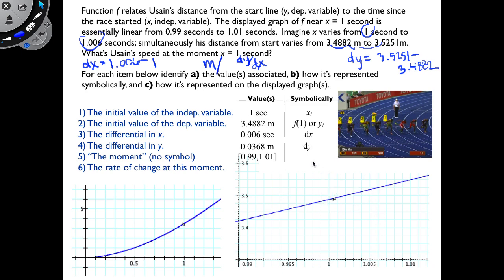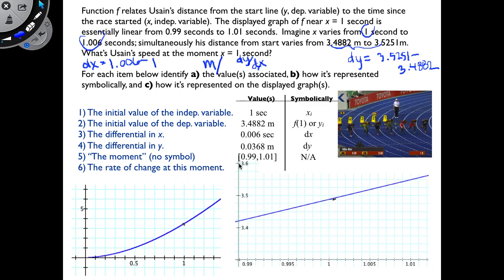So in any case, there's not a symbol for moments. And like I said, moment is just kind of a concept: look at a section, see what happens. If it looks like a straight line, that's a good moment to choose. If you're doing computations on the GC as opposed to just visually, you might want to check to make sure that your dx value is small enough as you let that vary within the moment that your rate isn't all over the place.